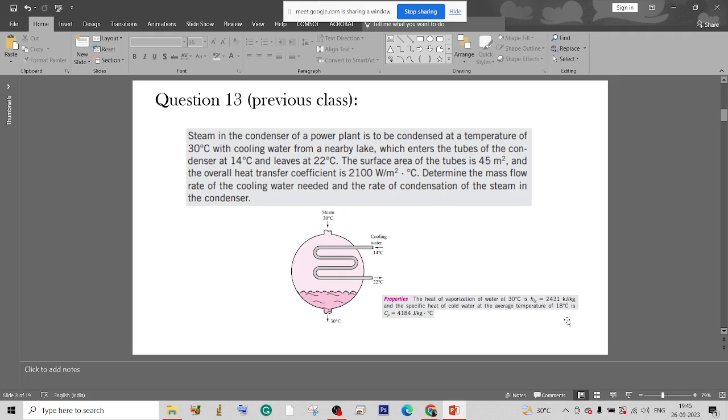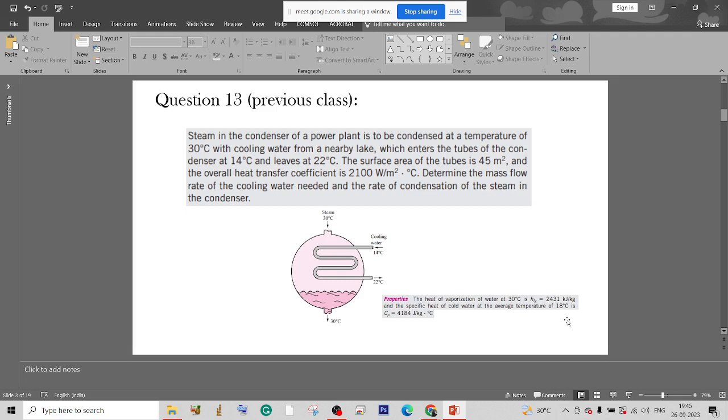The other one, TH out, is also 30 degrees Celsius, and TC in is 14 degrees Celsius. That is also given, so delta T2 we can also calculate. From that we can easily calculate the log mean temperature difference, and then we can calculate the rate of heat transfer.